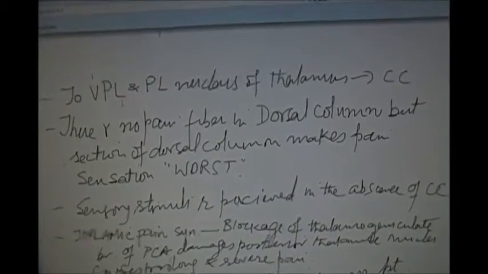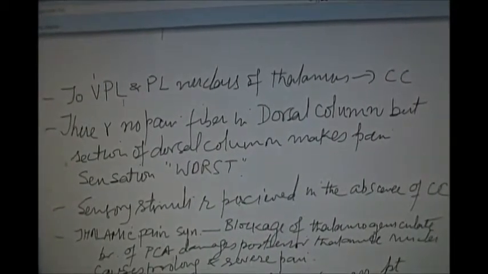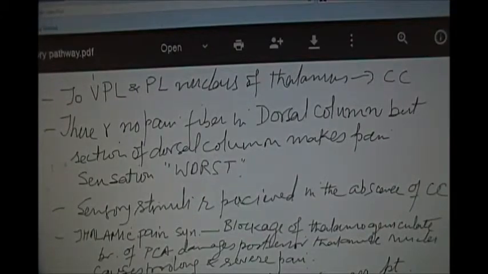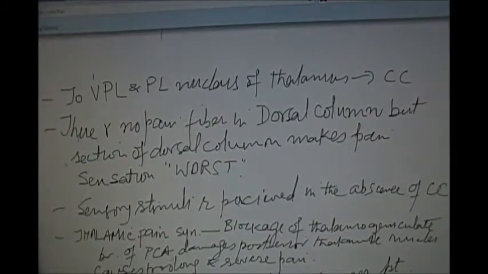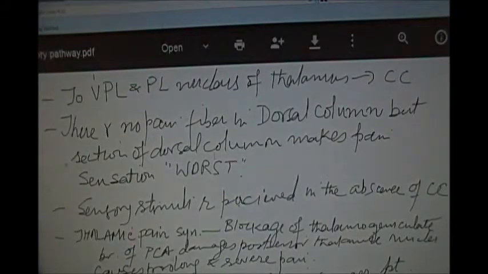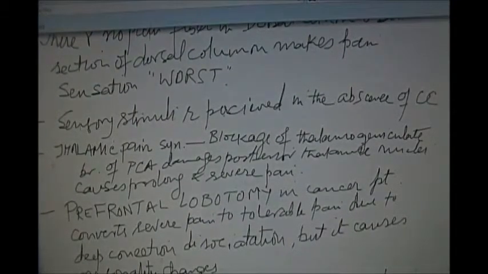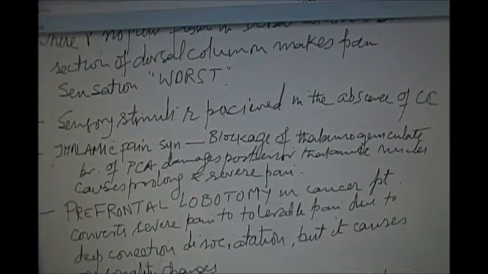So all these sensory fibers pass through the posterior limb of the internal capsule, whether spinothalamic or the dorsal column tract. There are no pain fibers in the dorsal column, but section of the dorsal column makes the pain sensation worse. Another interesting point is that sensory stimuli are perceived in the absence of cerebral cortex.